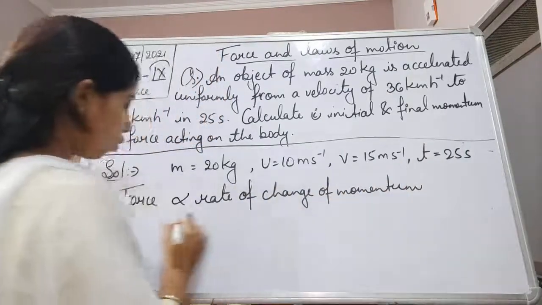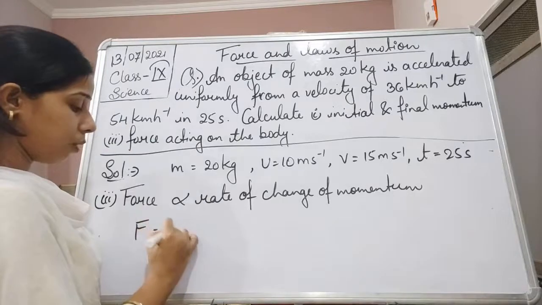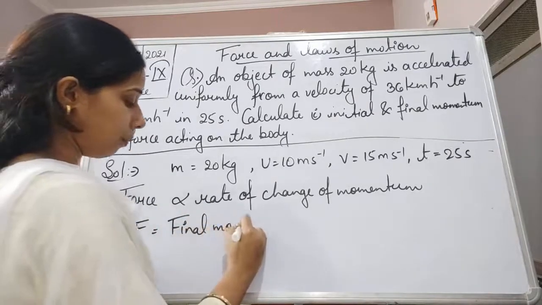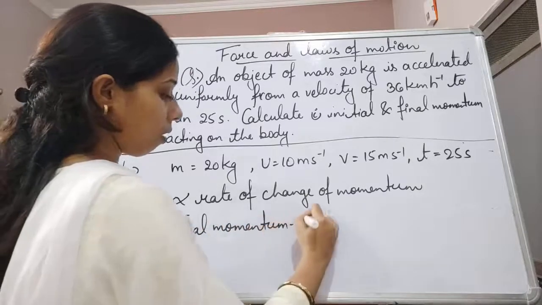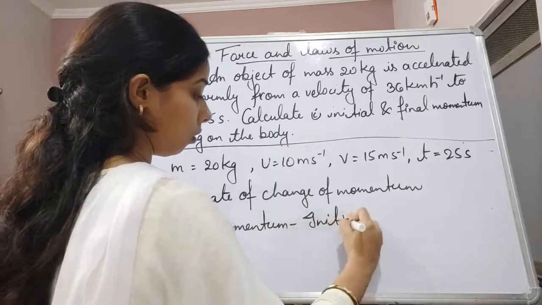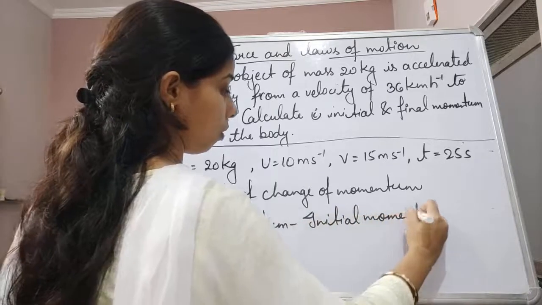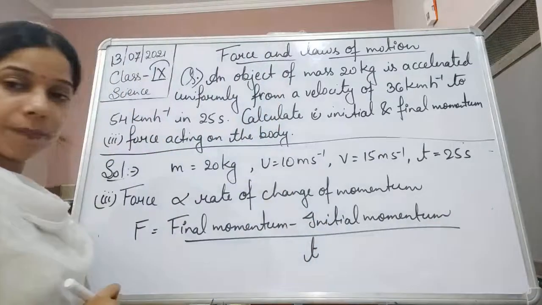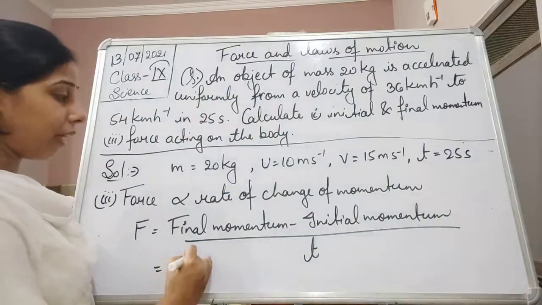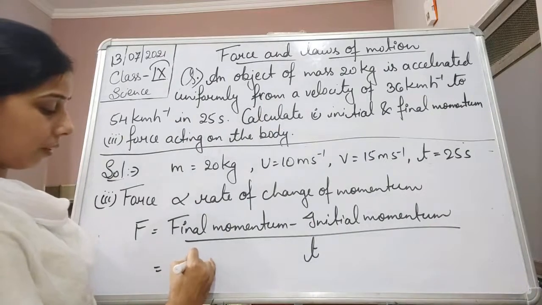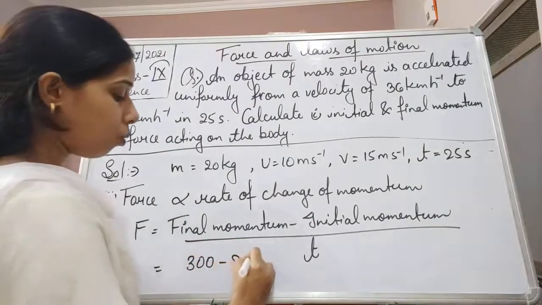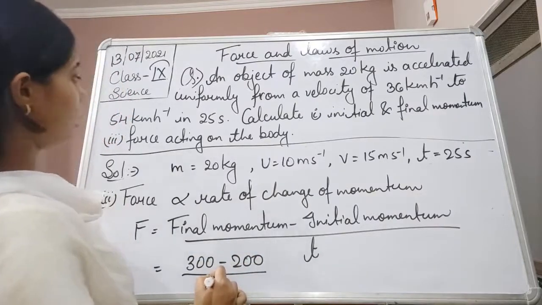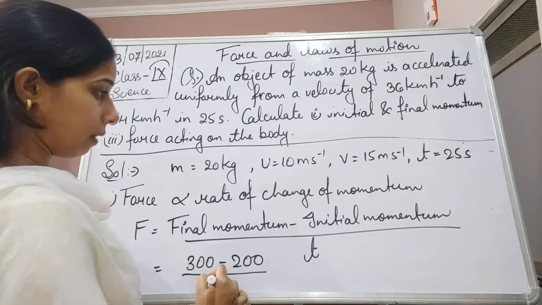So F will be equal to final momentum minus initial momentum upon time. Here the final momentum is 300, the initial momentum is 200, and time is given, that is 2 seconds. Sorry, it is given 25 seconds.